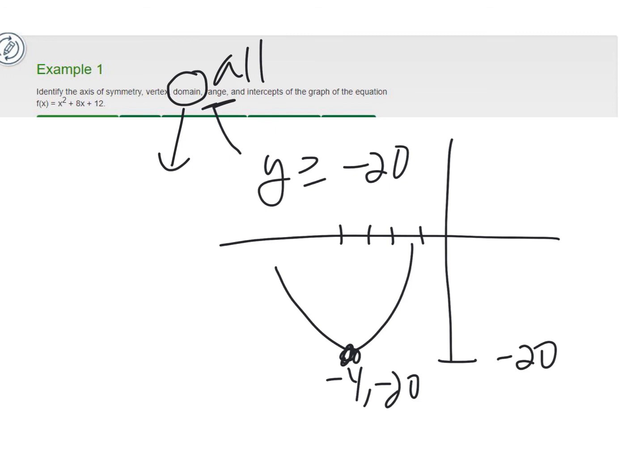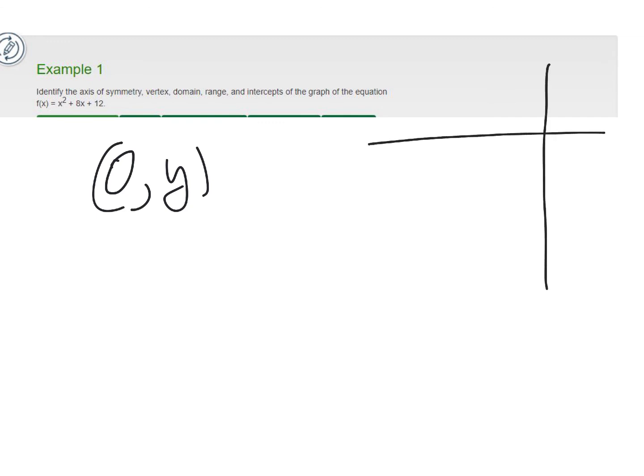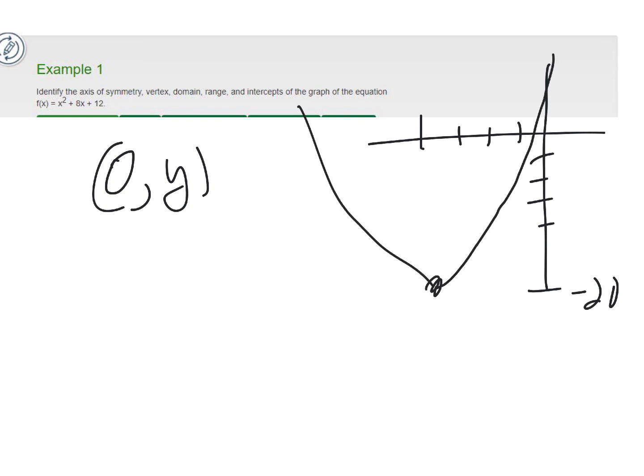Next piece. The y-intercept is a point where x equals 0 and y is some number, right? If you think about that graph I had a minute ago, way down here at negative 20, it opens up. And I would love to know where it crosses the y-axis.